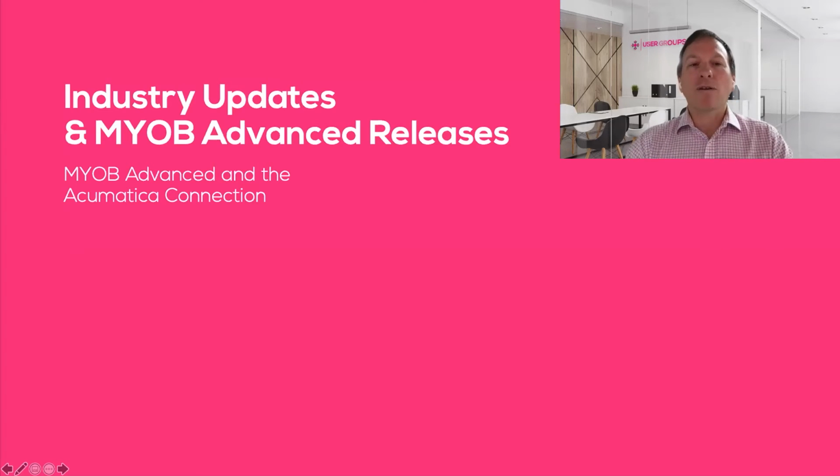The other thing just to be aware of, of course, is the relationship between MYOB Advanced and Acumatica. MYOB Advanced is, of course, an OEM'd version of Acumatica, which is the world's fastest growing cloud ERP product. As an OEM version, the MYOB Advanced does get all of the Acumatica features.